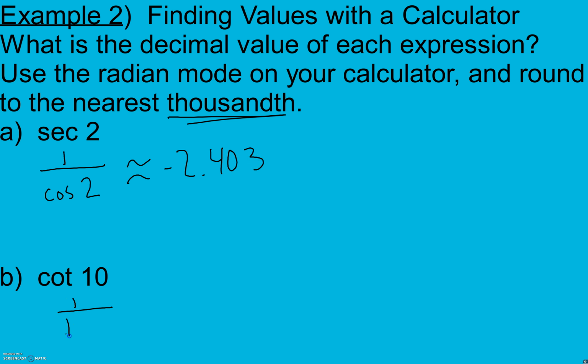Cotangent is 1 over tangent of 10. Your sine, cosine, and tangent are next to your pi keys, which are just down kitty corner from the clear. So 1 divided by tangent of 10 should give us 1.542.